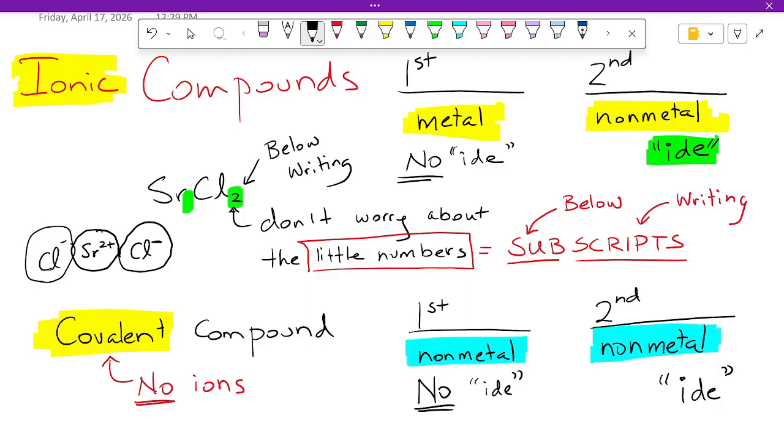But when we're doing ionic compounds, you don't have to tell me what the subscript is, because as a chemist, I know that if you give me the name strontium chloride, strontium is 2+.